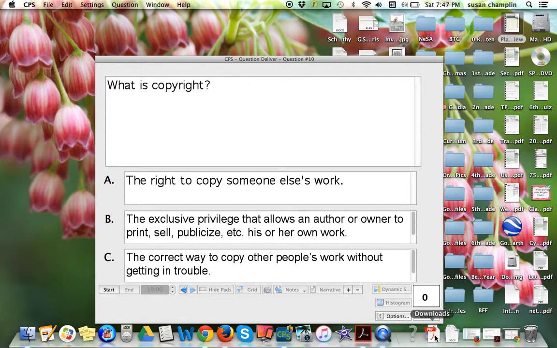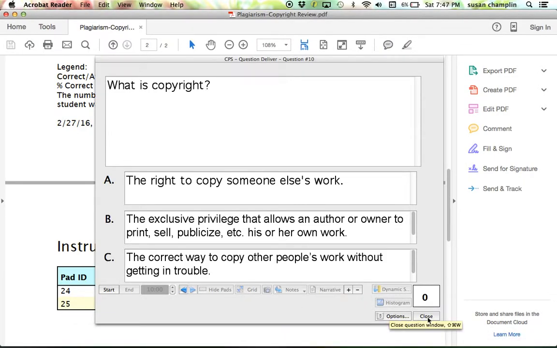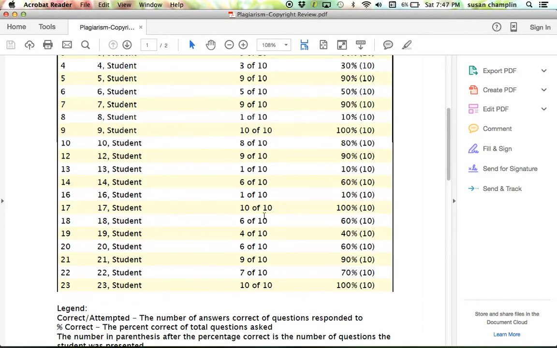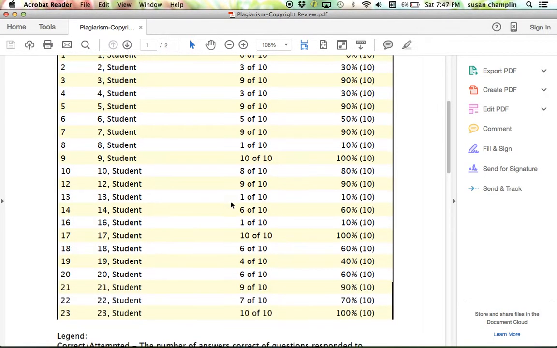I did run a report. Here we go, of the students' results. Evidently no one had clicker number 1, so that one we can kind of ignore. But as I look at the results, I had quite a range of grades.